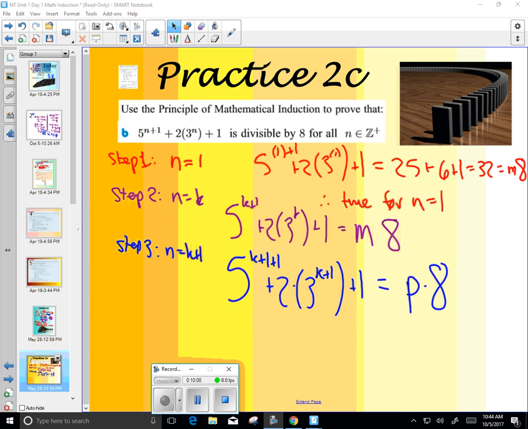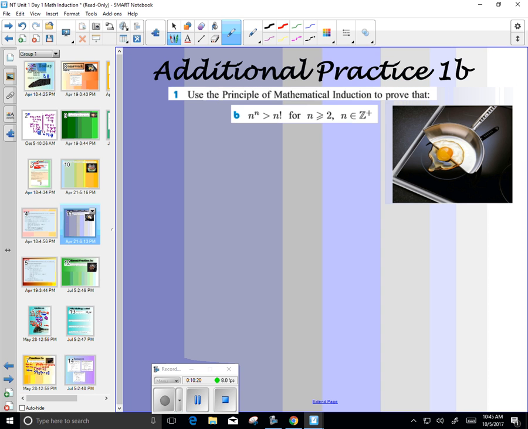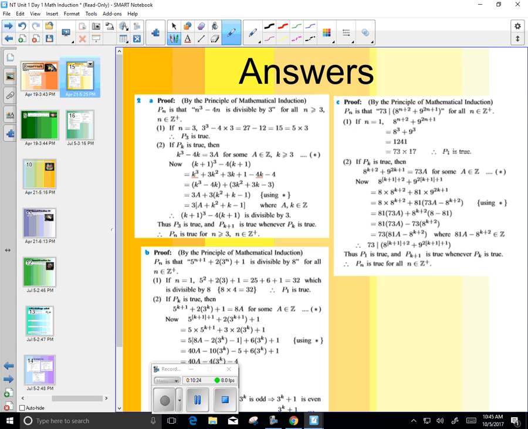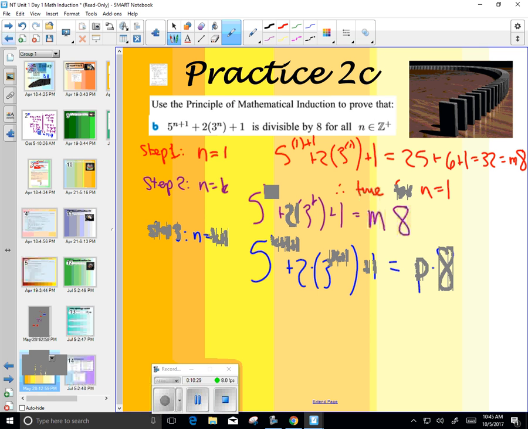Most of the time, once the step 1, 2, 3 is laid out, this is where people get stuck, is where do you go from here? You're trying to show that this is going to be true as a multiple of 8. But how do you even get going? Well, what I would do is I would look back at step 2 and realize that we can make a substitution that's going to help us.